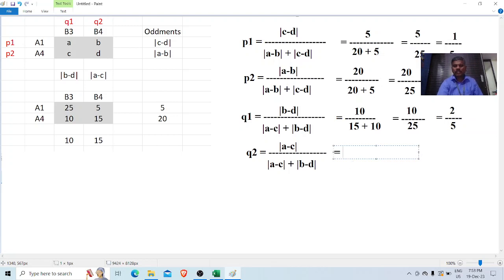Then Q2 is equal to modulus of A minus C. Modulus of A minus C is 15. A minus C plus B minus D is 15 plus 10, equal to 15 by 25. Further, we can simplify this to 3 by 5.